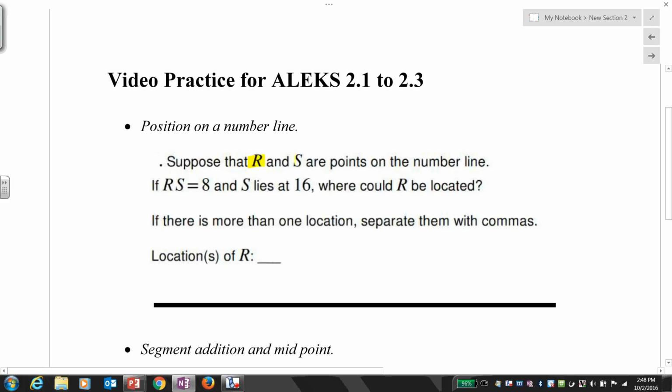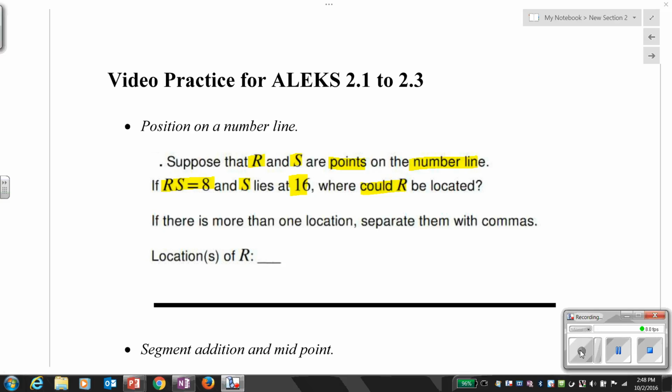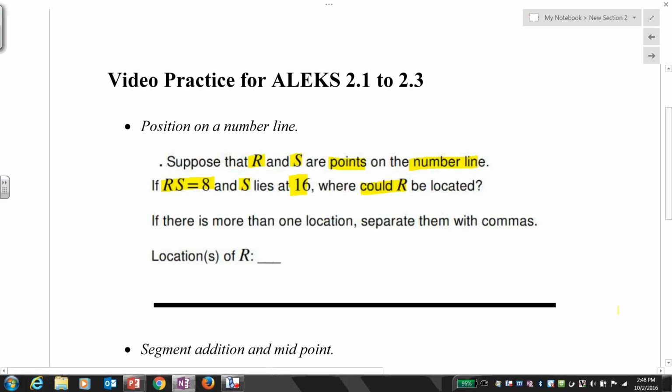Suppose that points R and S are points on a number line. The distance R to S is 8. S is at 16. Where could R be located?